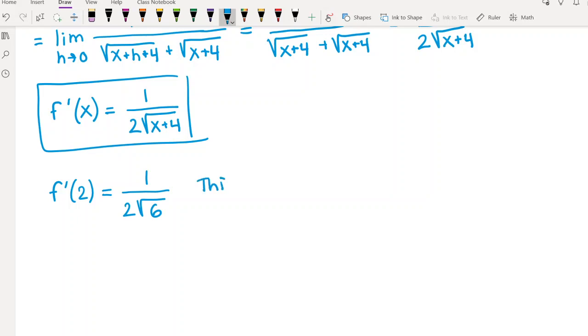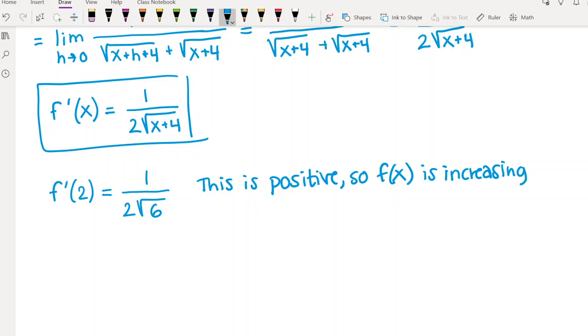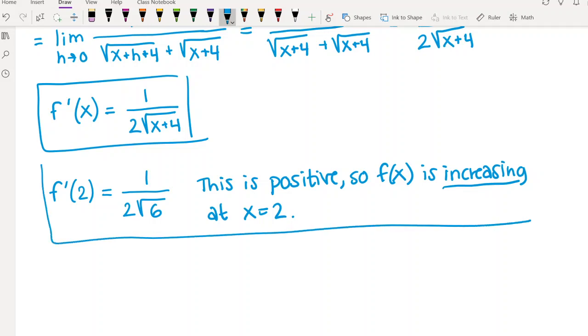So this is a positive number. And that tells us that f of x is increasing at x is equal to 2. So that answers the second part of the question.